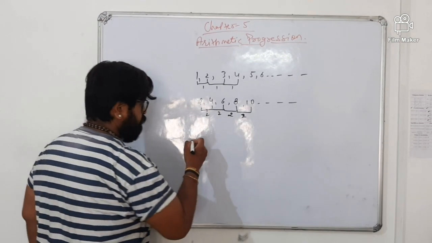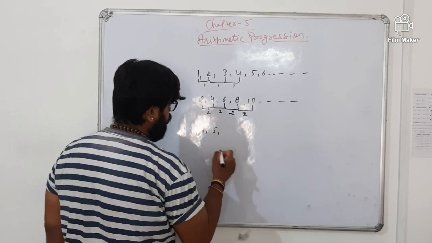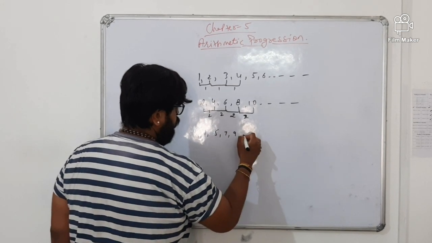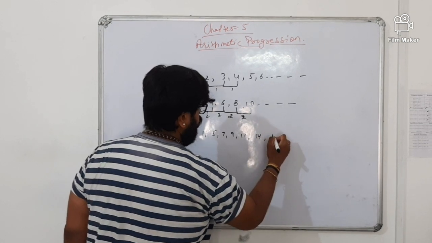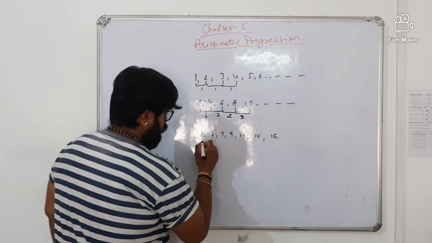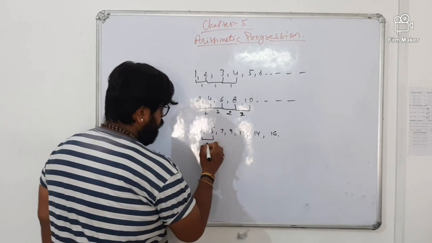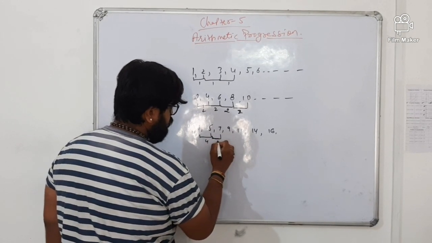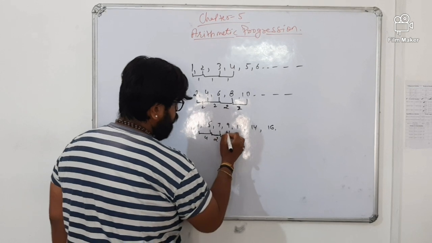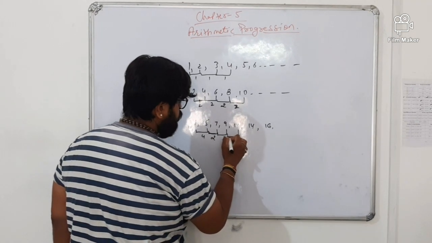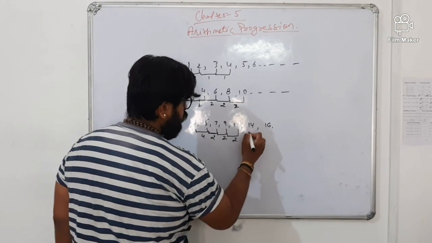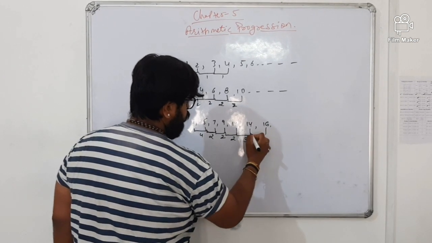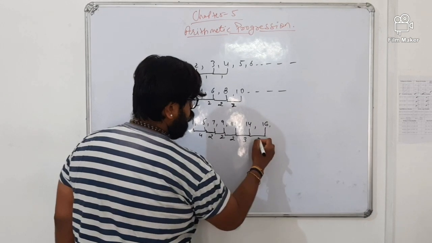Now suppose 1, 5, 7, 9, 11, 14, 16. The difference between 5 and 1 is 4, the difference between 7 and 5 is 2, between 9 and 7 is 2, between 11 and 9 is 2, between 14 and 11 is 3, and between 16 and 14 is 2.